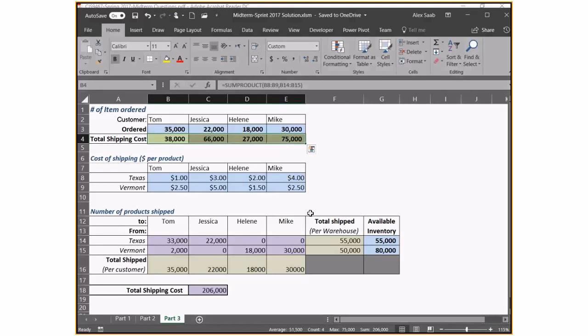So here we use the sum product. We spoke about it last time when we went over homework 2, I think. With sum product, if you have 2 columns or 2 rows, you want the total of the multiplication of every pair. So I use sum product of B8, B9 and B14, B15.